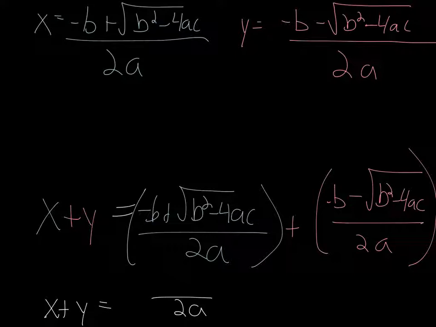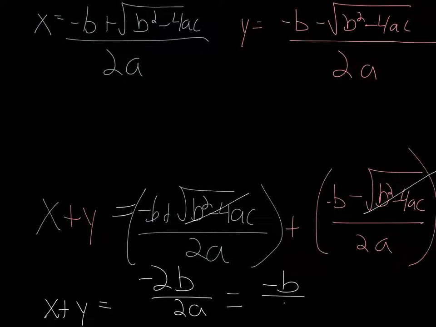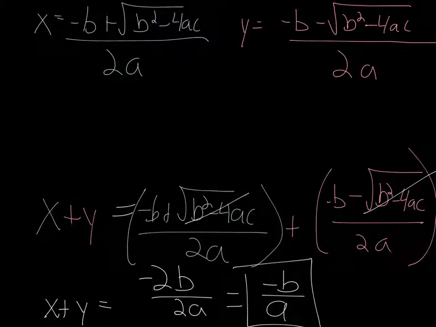Well, my numerators are, negative b plus a negative b is negative 2b, and the square root of b squared minus 4ac plus a negative the square root of b squared minus 4ac, they're going to eliminate. Now I have negative 2b over 2a. If I simplify this, I'm left with negative b over a, which is the formula for the sum of the roots.